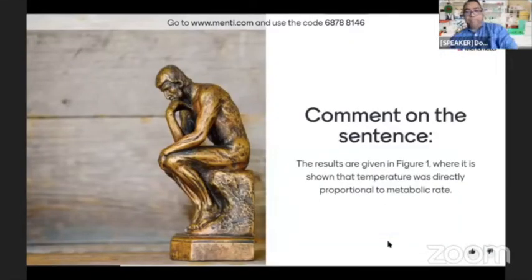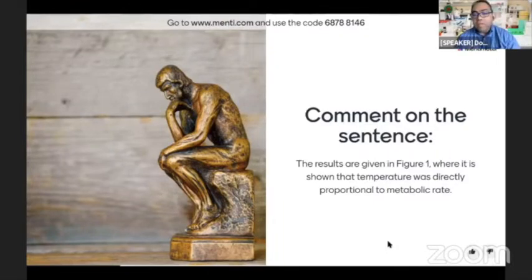Okay, pause muna tayo. Sige nga. Let's comment on the sentence. "The results are given in figure 1, where it is shown that temperature was directly proportional to metabolic rate." Okay, mukhang at first glance, it looks okay, di ba?